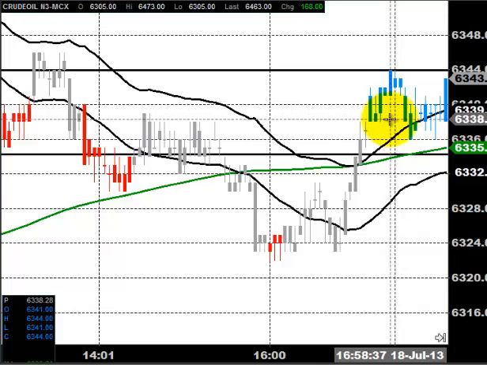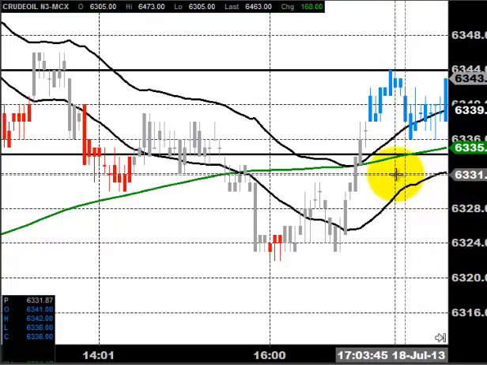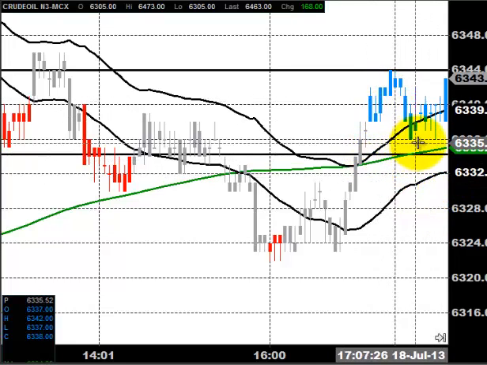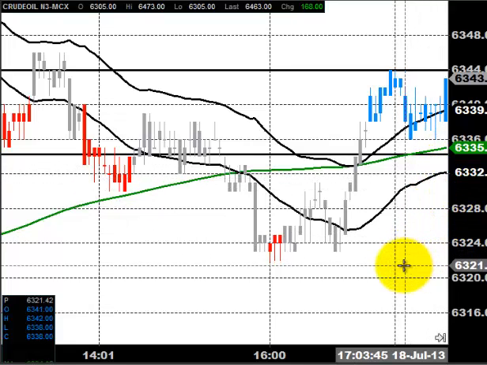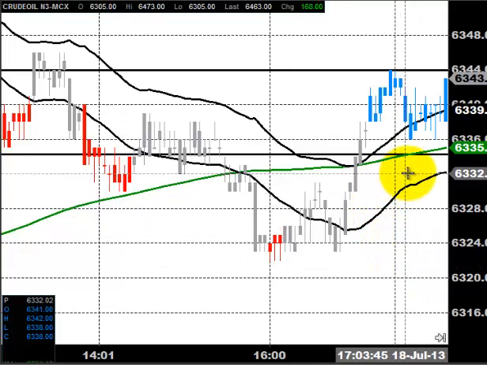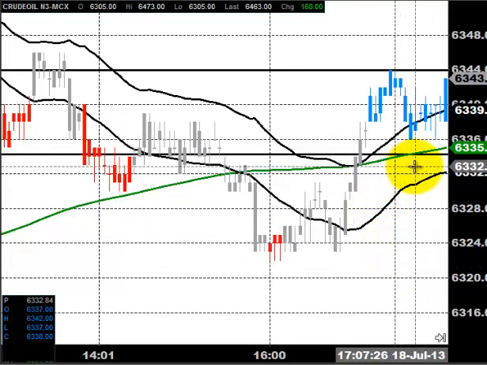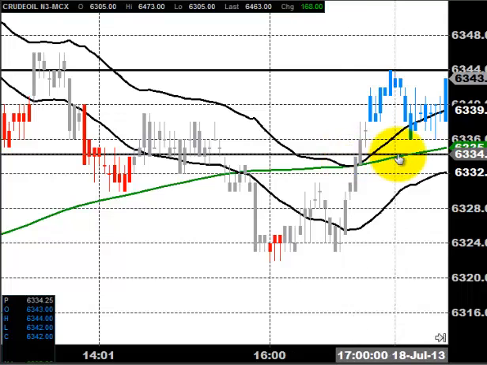So how should you trail your stop loss? Once you are in the trade, you can use this lower band as your stop loss. If you see this, the lower band now shows an indication of 6332, which is just below the earlier stop loss you had marked.